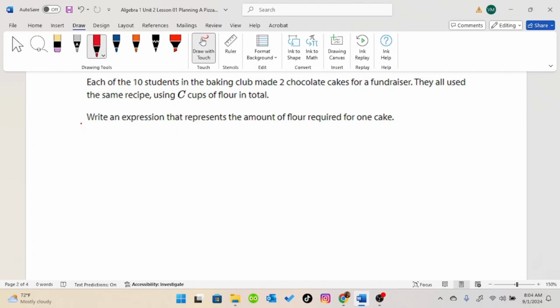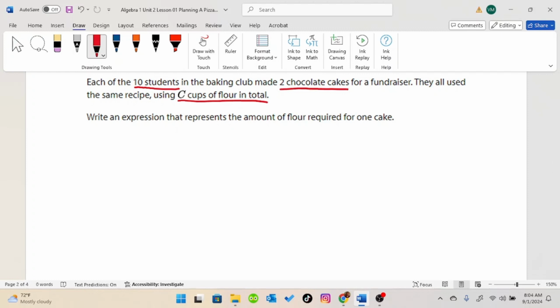So first, let's identify the information that is given to us. We know there are 10 students. We know that each student makes 2 chocolate cakes. And we know that there are C cups of flour in total.